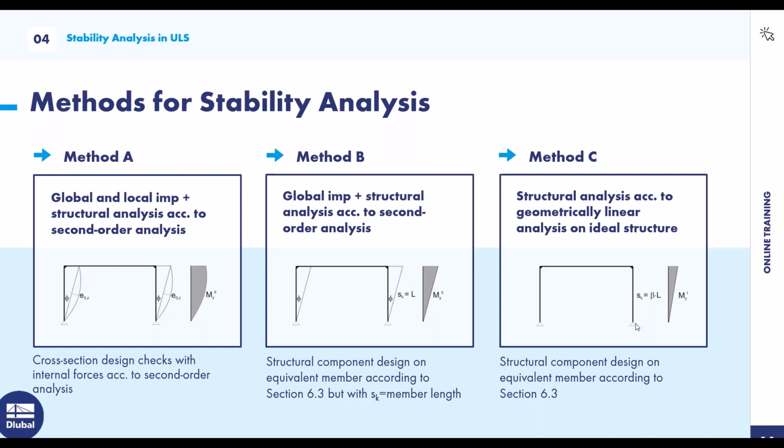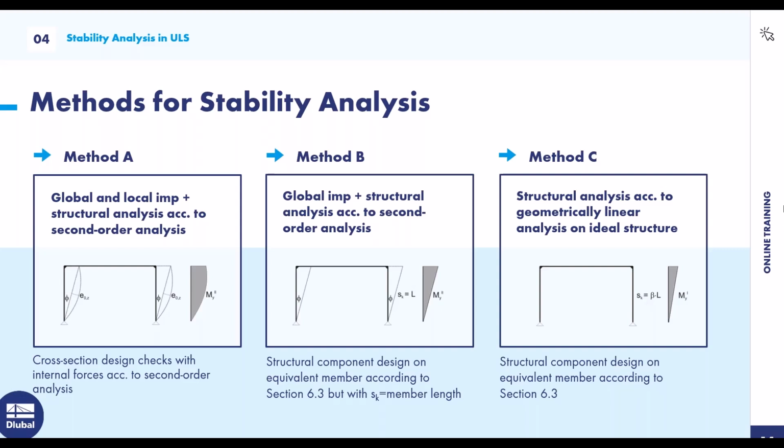But in that case, here for the frame, only for the columns. Because by considering the system buckling lengths, the moment agrees with the second order analysis, and the effect of the equivalent imperfections is already taken into account.